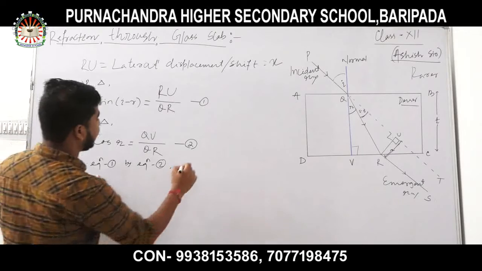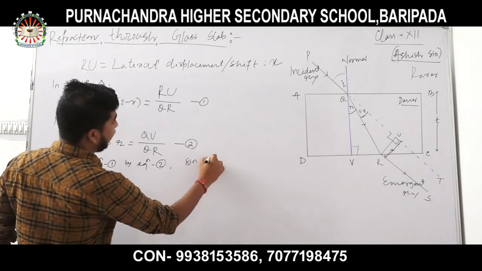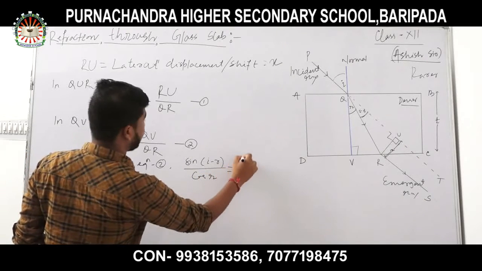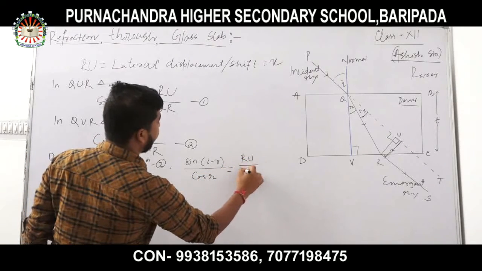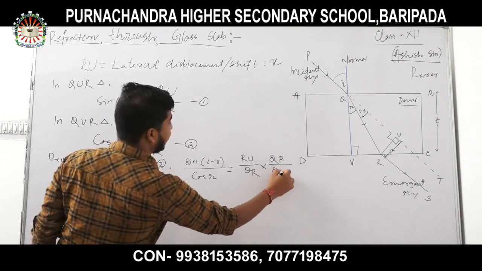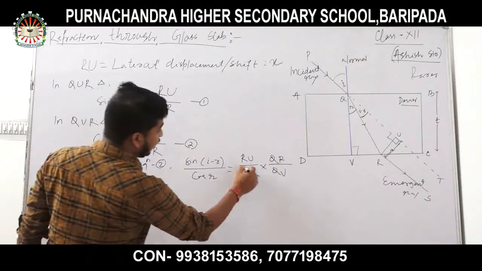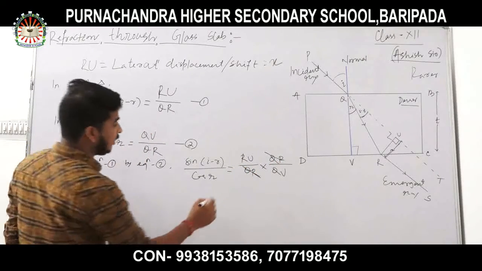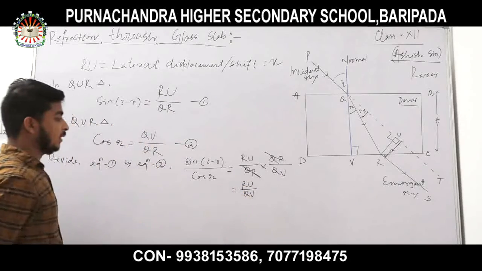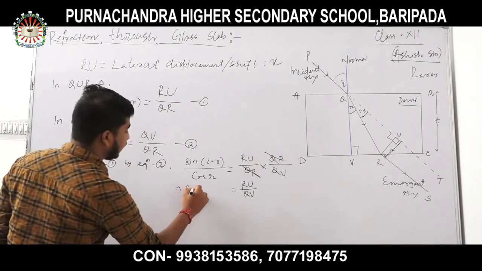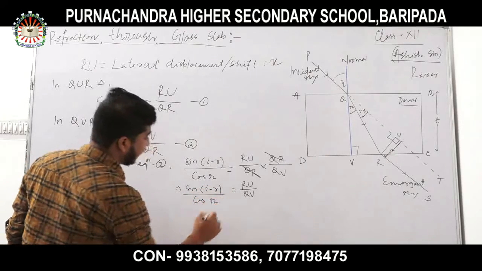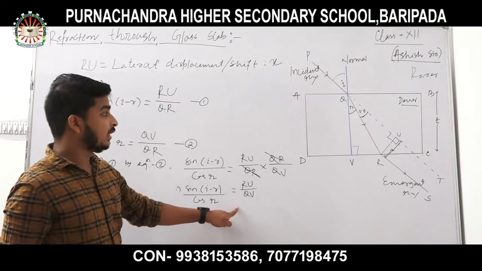I will get sine(i minus r) upon cos r is equal to RU by QR into QR divided by QV. So QR will cancel out each other. So only RU by QV remains. So I get sine(i minus r) upon cos r is equal to RU divided by QV.